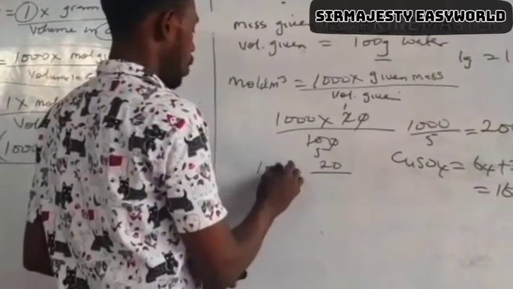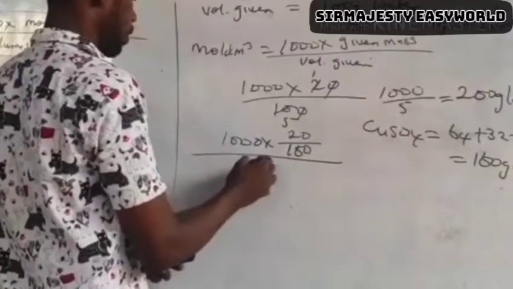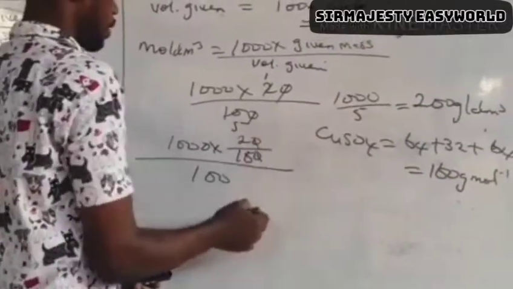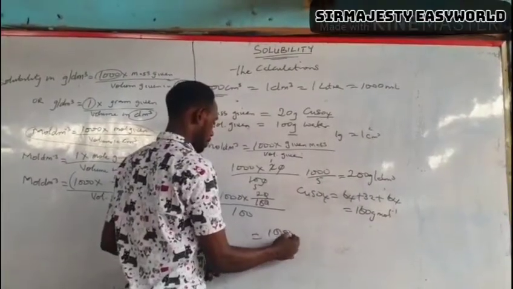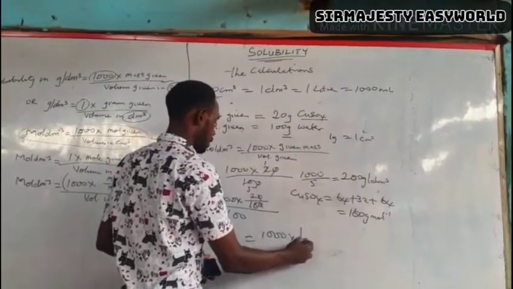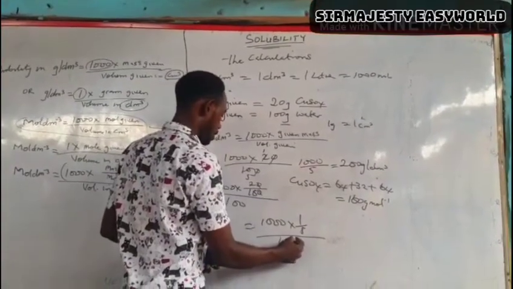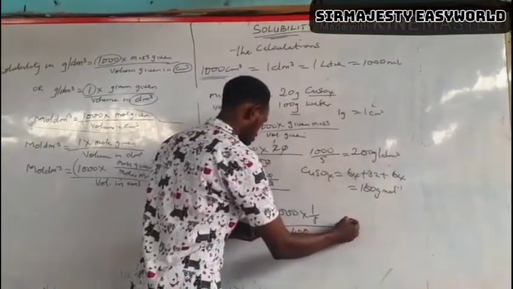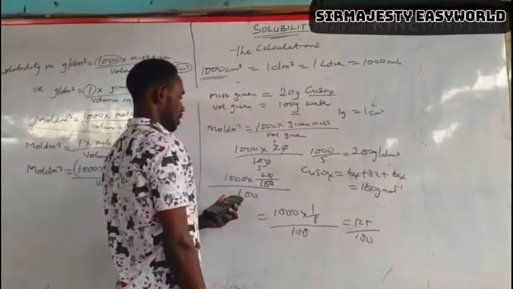So you have 1000 times 20 over 160 divided by volume given, which is 100. So you go straight and find this. We have 1 over 8, that is 1000 times 1 over 8, all divided by 100. So 1000 times 1 over 8 is 125, then divide by 100.